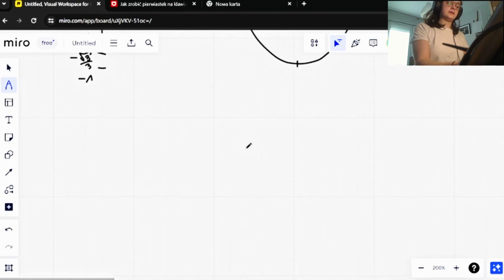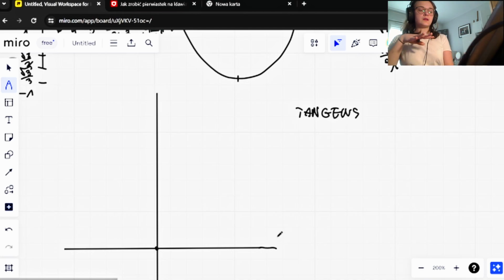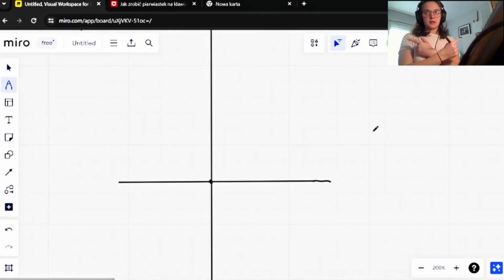Now we have sinuses and cosinuses, tangenses and cotangenses. So we know that the tangens set of values is unlimited, or real numbers, so it goes to infinity. It starts at 0, and here's how it is different from sinuses. It goes in both directions.